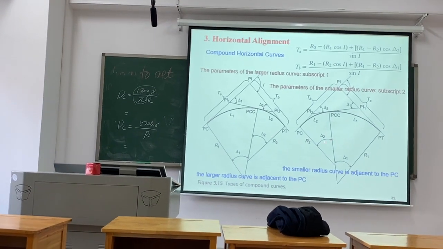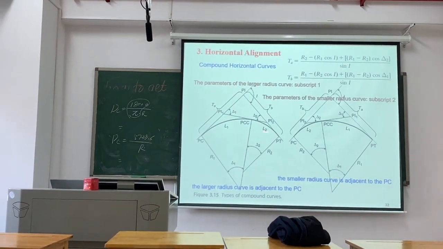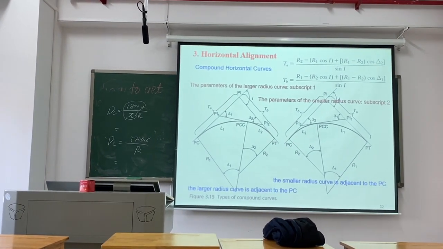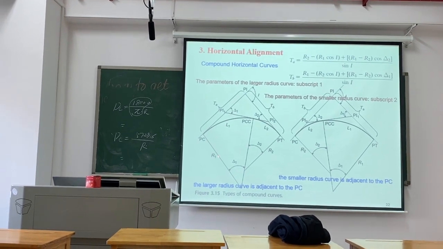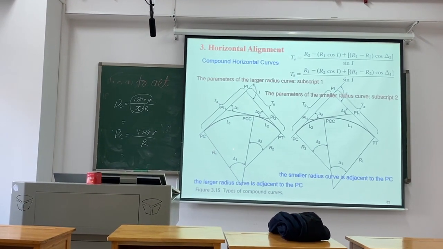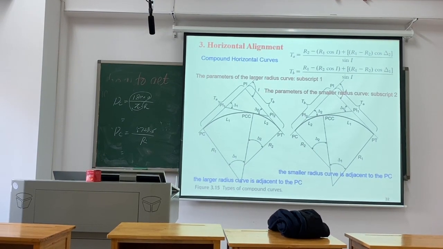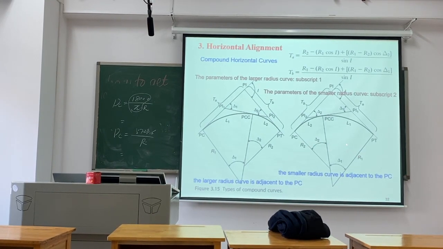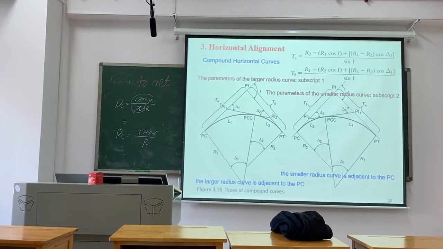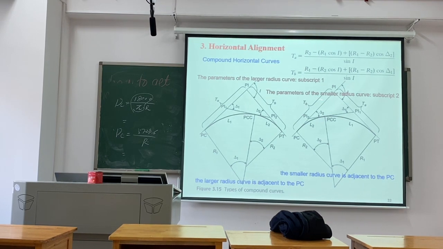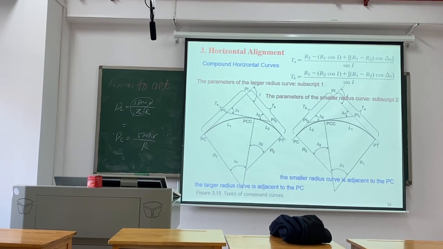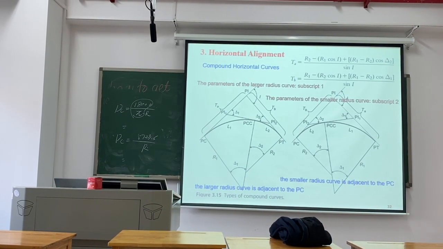These two figures are different: on one figure the left part is larger than the right part, on the other the left is less than the right. But we should know that the larger radius has subscript 1 and the smaller has subscript 2, regardless of whether it is on the right or the left.